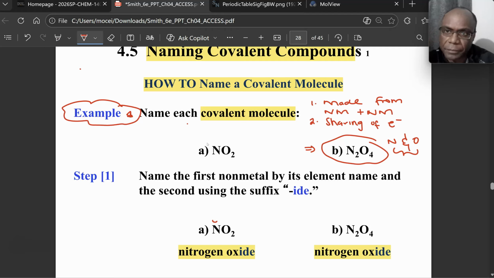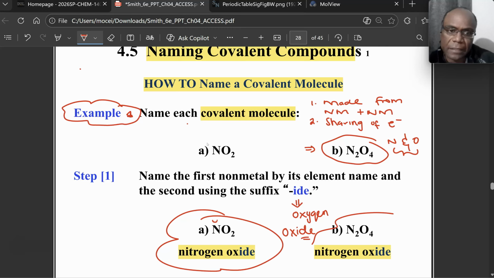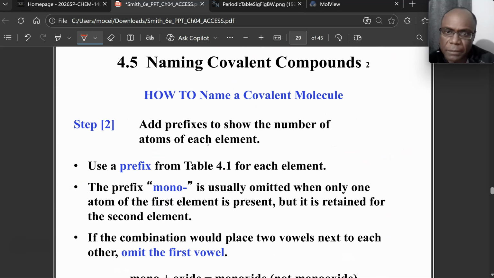That's not correct. Now, the oxide comes from oxygen because it's the anion. We call it oxide, just like if the second element was chlorine, we'll call it chloride. So now, how do we really define their names rather than just calling both of them types of nitrogen oxides? So we go to step 2.